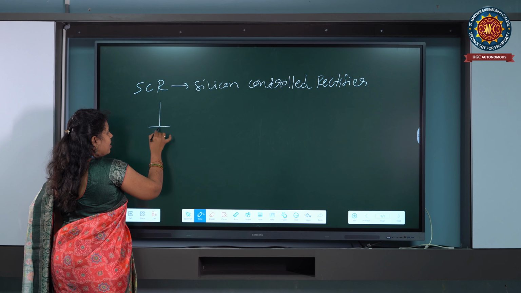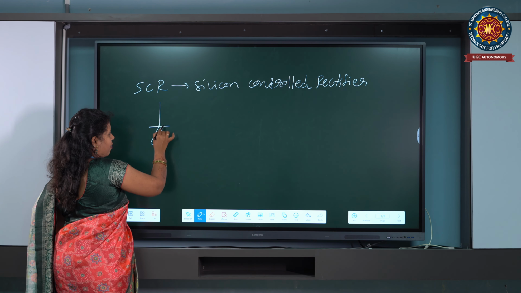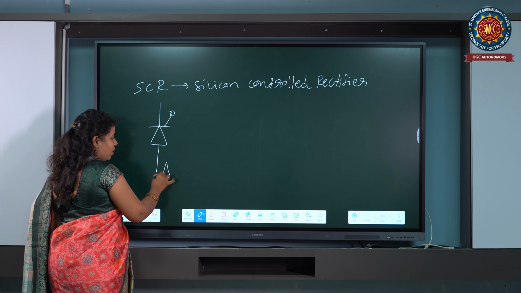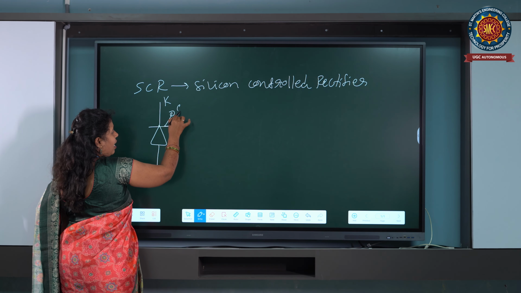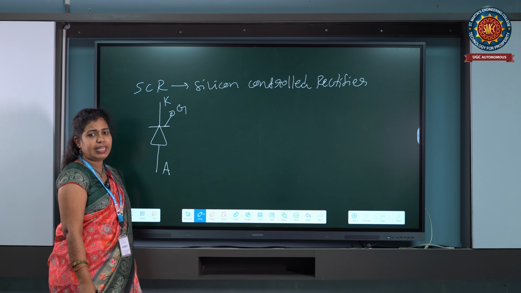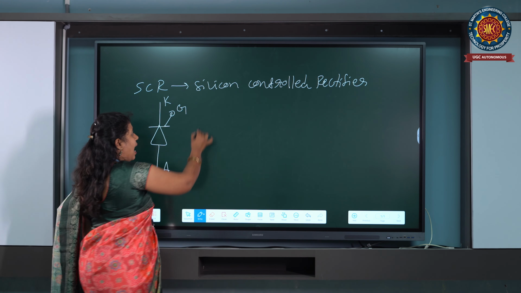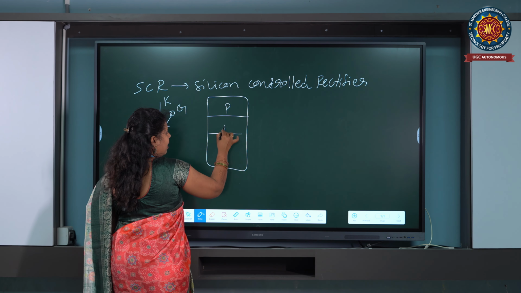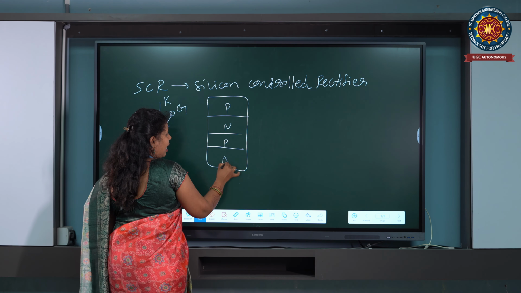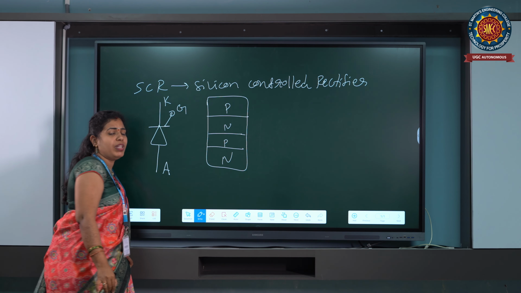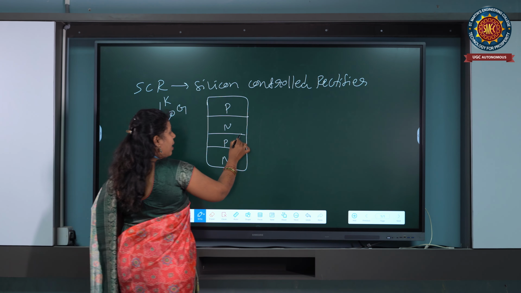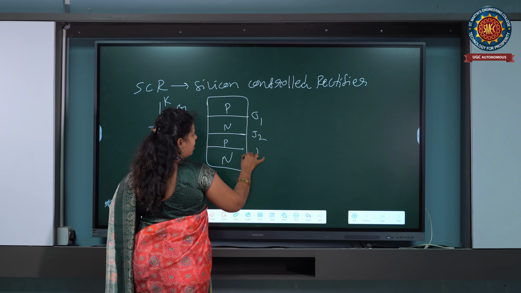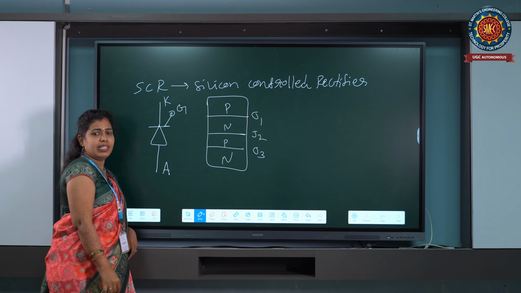Here this is the symbol of the silicon controlled rectifier, the SCR. One is the anode, another is the cathode, and another is the gate. These are the three terminals of the SCR, and it has four layers, P, N, P, N. By forming the four layers we form three junctions, J1, J2 and J3.